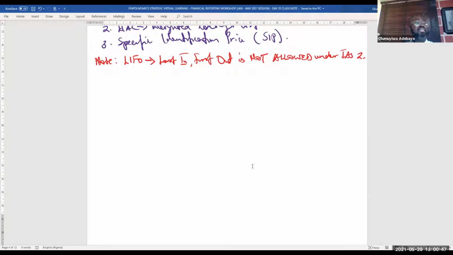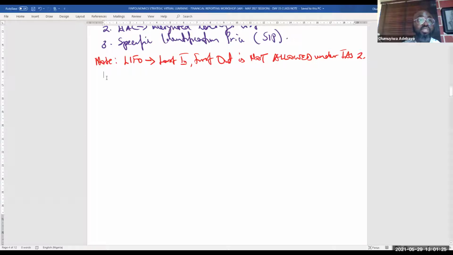All of these are based on specific identified price, because you can specifically identify their cost. As long as they still remain in the inventory, you know their cost, rather than using first in, first out, or weighted average. Therefore, on that premise, the cost formula is a function of certain things, which we have also seen today.